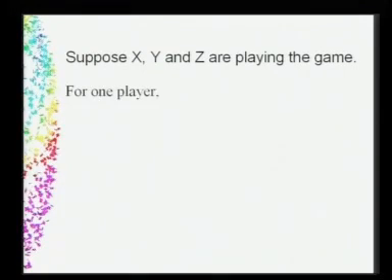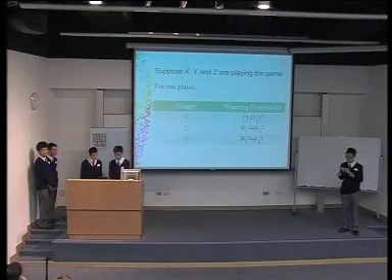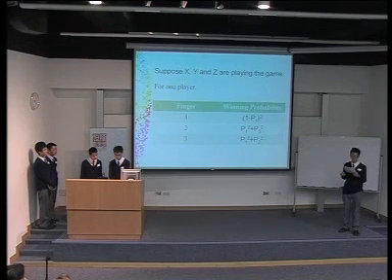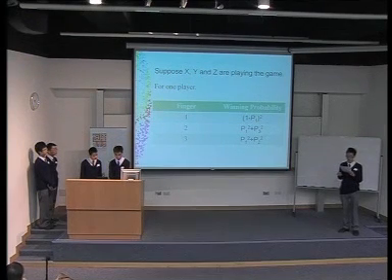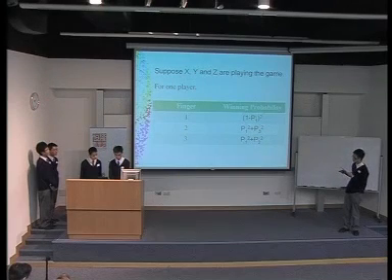For one player, the probability of winning by giving 1 is this, because only when the other 2 players don't give out 1, the player giving 1 will win. The probability of winning by giving 2 is this, because only when the other 2 players both give out 1 or 3, the player giving 2 will win. Similarly, the probability of winning by giving 3 is this.